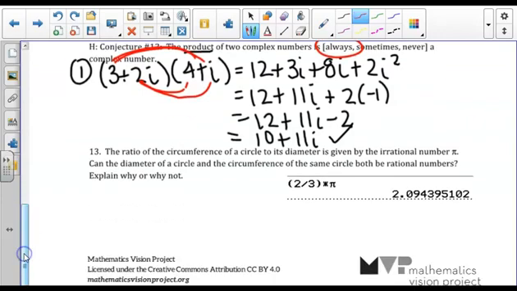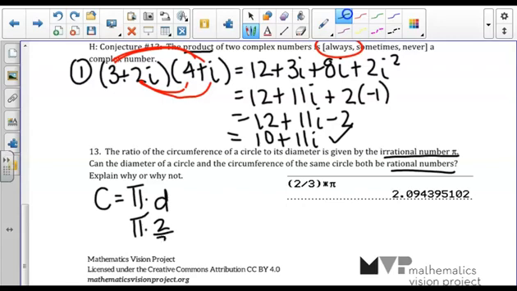The last one we're going to look at is the ratio of the circumference of a circle to its diameter. Now recall the circumference of a circle is equivalent to pi times diameter. So it's saying that the ratio of the circumference of a circle to its diameter is given by an irrational number pi, which we see right here. Can the diameter of a circle and its circumference both be rational numbers? Well, let's plug in a rational number for the diameter.